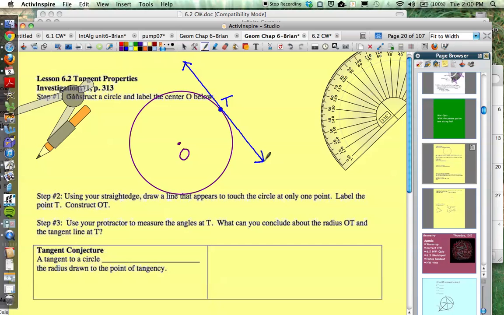And then we are supposed to construct our radius OT. So take your straight edge again and draw a segment from your center point O to that tangent point T.